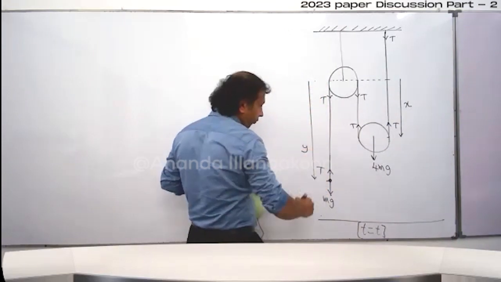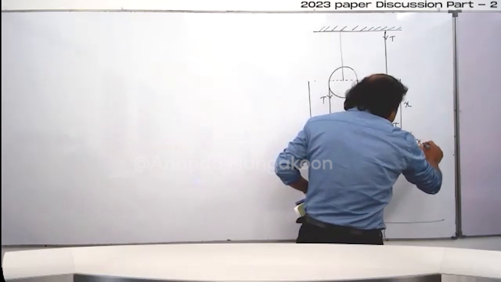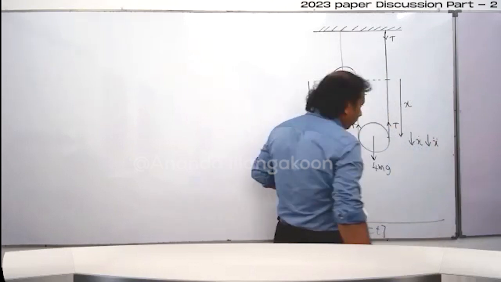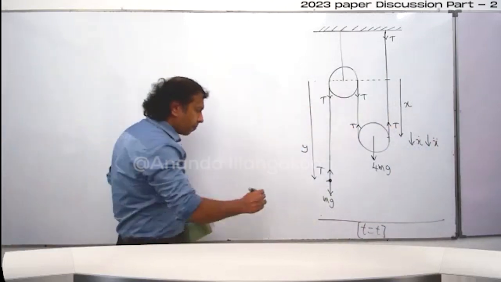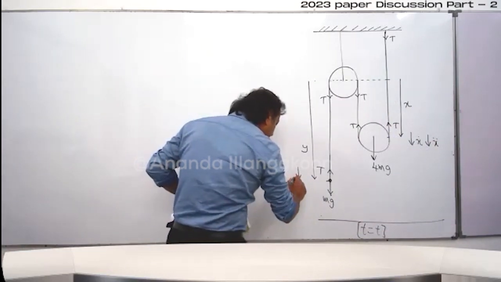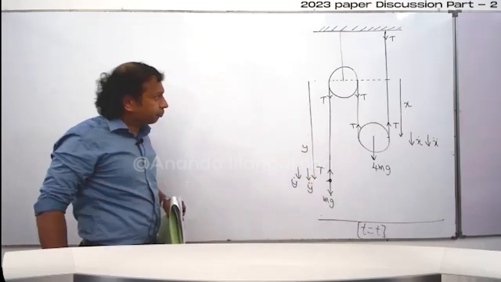Then you know the acceleration x double dot, velocity x dot here, velocity y dot, acceleration y double dot. Okay.